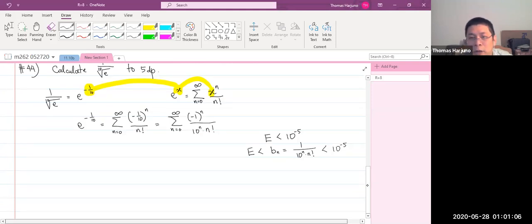So 10 to the 5th is less than, do reciprocal, yeah, 10 to the n times n factorial. And I believe n equals 4 is good enough.